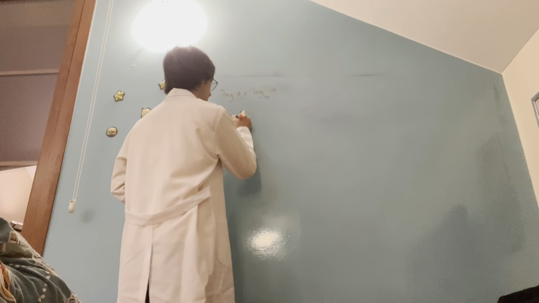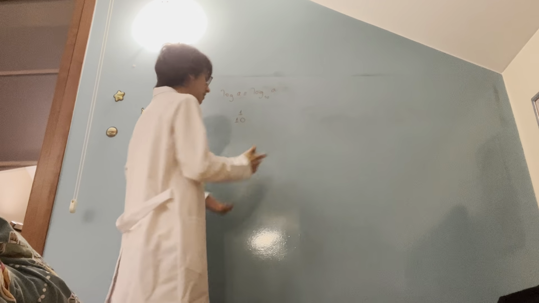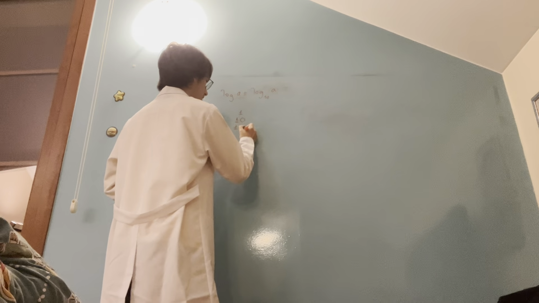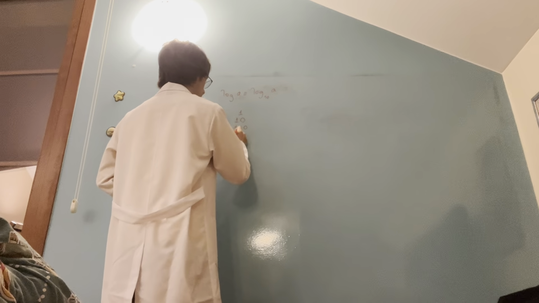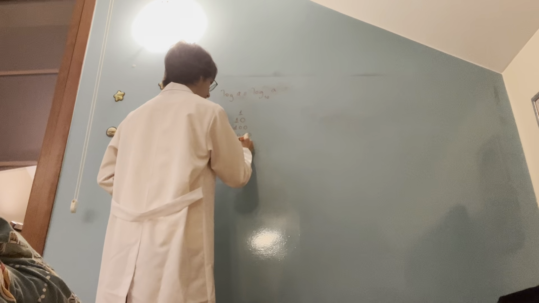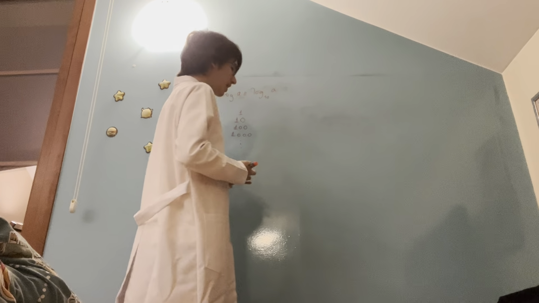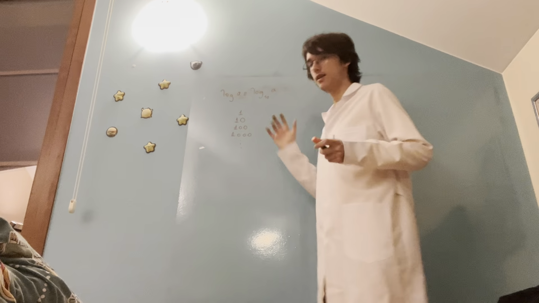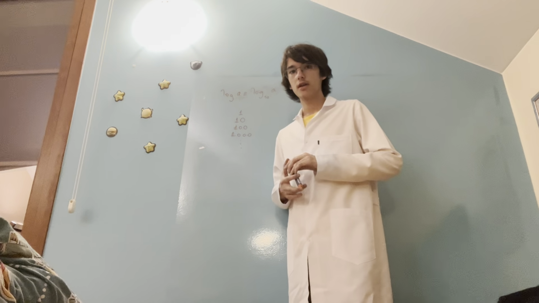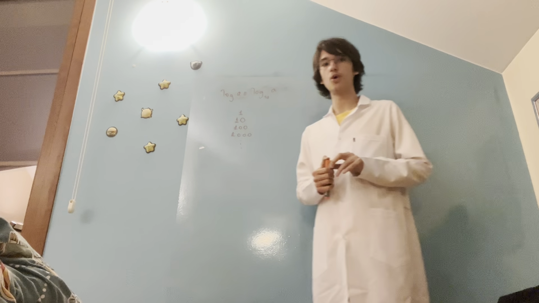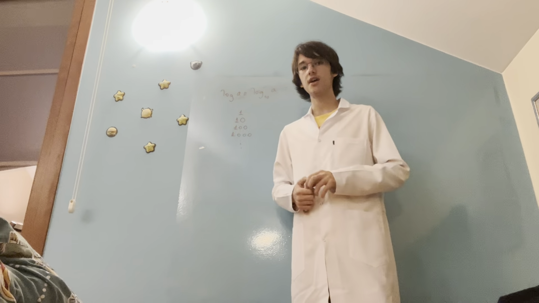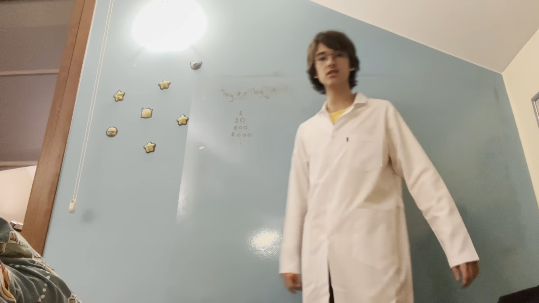Well, it's 10. For 3 digits, 100, for 4, 1000, and so on. So a trend in this data is that the smallest possible value of each digit count is a power of 10. And why is this the case, you ask?